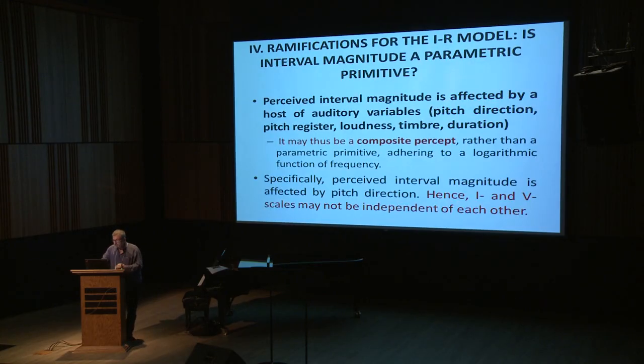So what can this imply regarding the basics, specifically the bottom-up basics of the IR model? And specifically, is interval magnitude a parametric primitive given this data? We have seen that perceived interval magnitude, that is not only the implications of interval, but the very perception of this supposed primitive, is affected by many auditory variables, and perhaps we're talking about a composite percept rather than a primitive which is determined by frequency ratios.